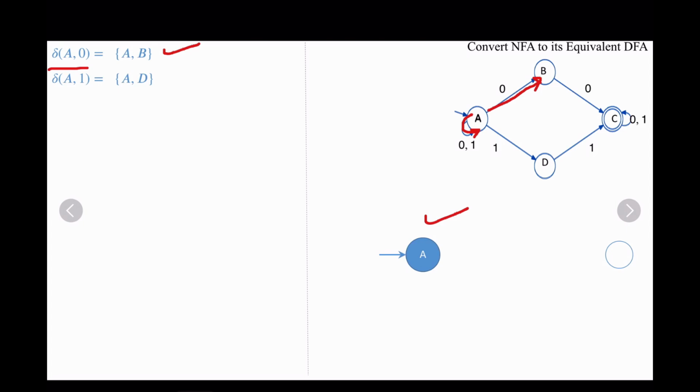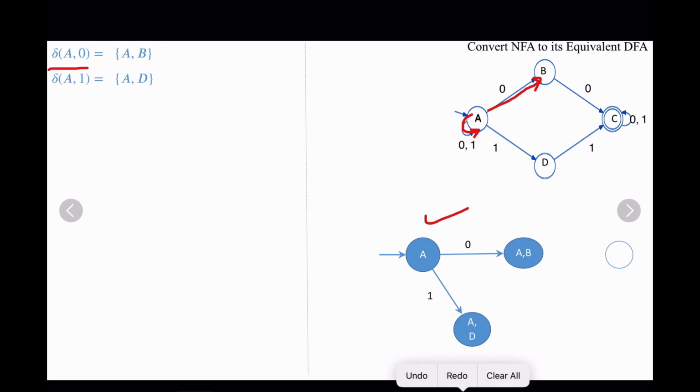Delta of A on 1 will go to A and D. So from A, you get two new states: A on 0 goes to AB, and A on 1 goes to AD.